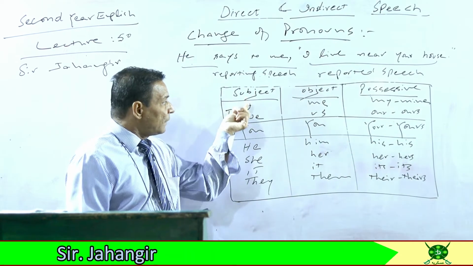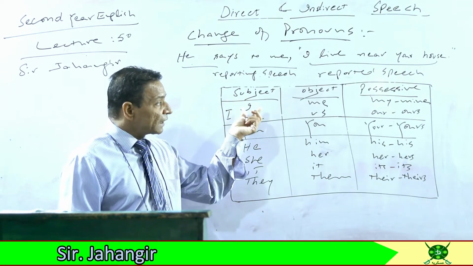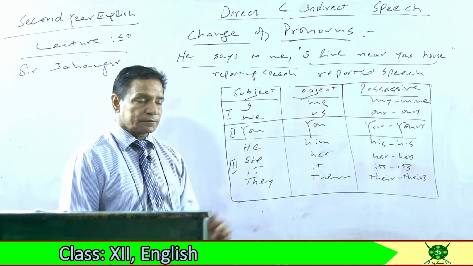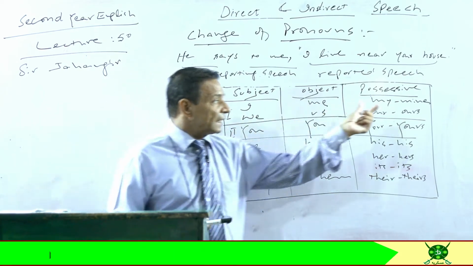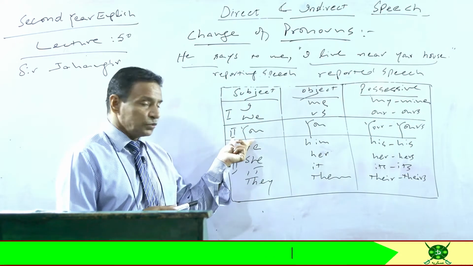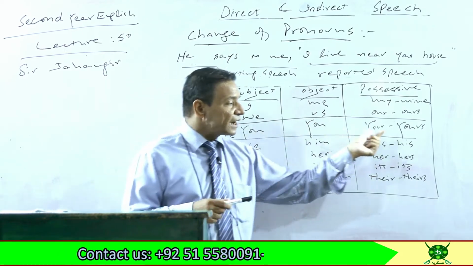Look here, first person pronoun means I and we; the object is me and us; and the possessive case is my and mine, our and ours. Second person pronoun is you, its object is also you, and the possessive case is your and yours.